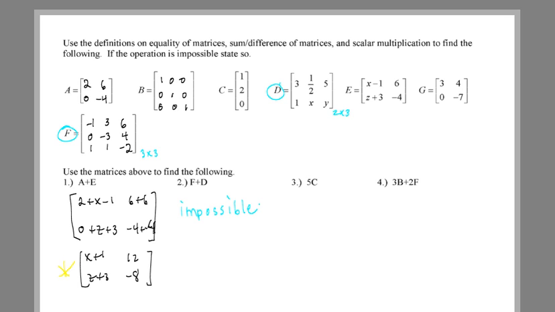Let's go on to the next one, and I'll be really careful here not to erase my matrix. Let's look at 5c. Well, that brings in our scalar multiplication. So 5 is referred to as a scalar.